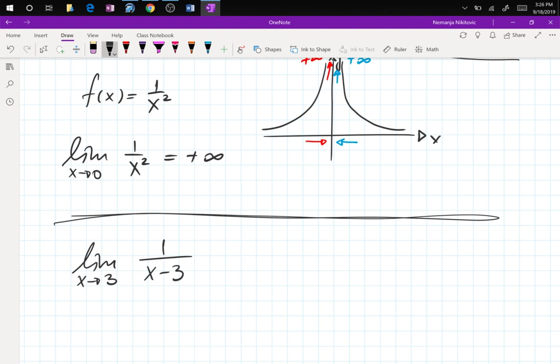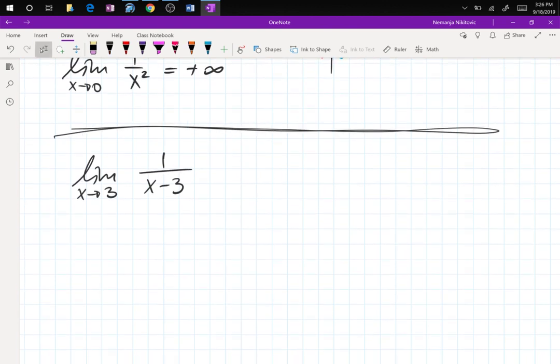This can't be solved algebraically because you have 0 in the denominator, and because of that you have to use the graph. On the exam we don't have access to a graphing calculator, so you are supposed to draw a graph. But what is the feature of the graph, looking at the problem?